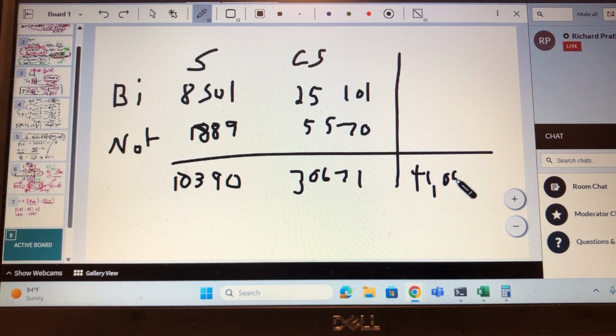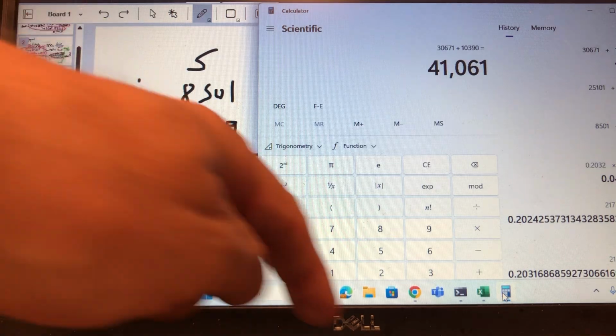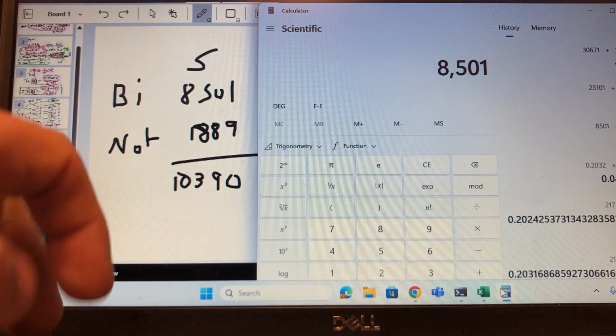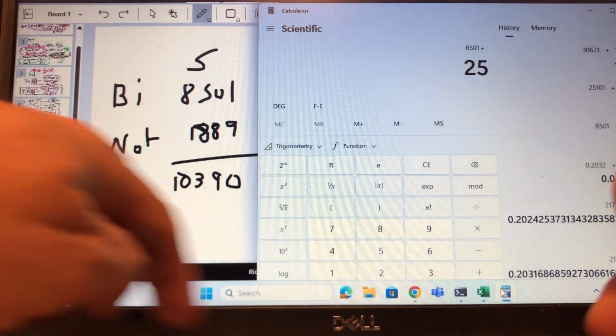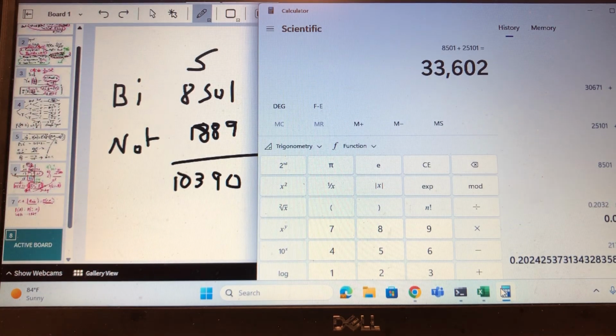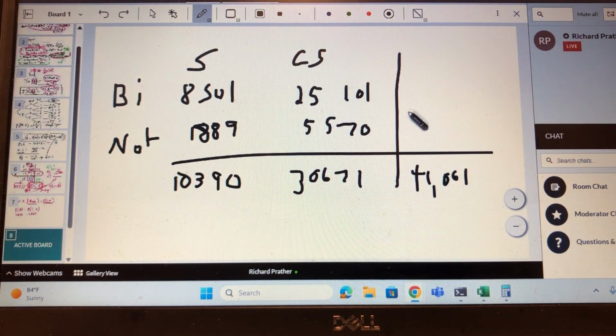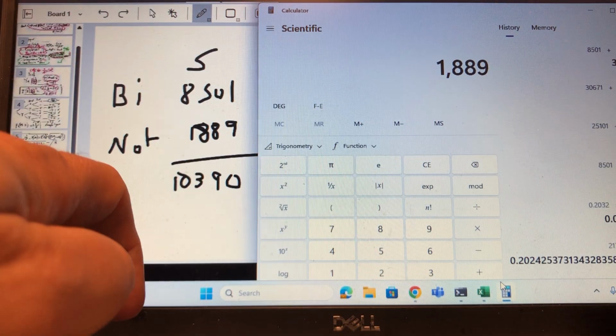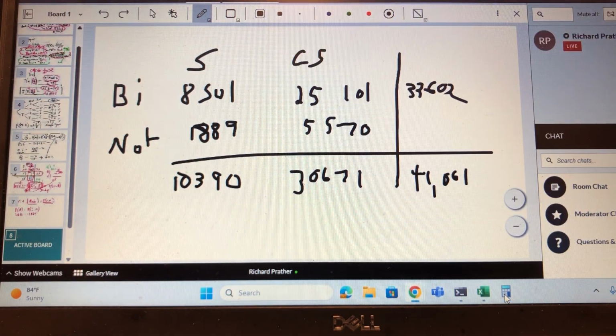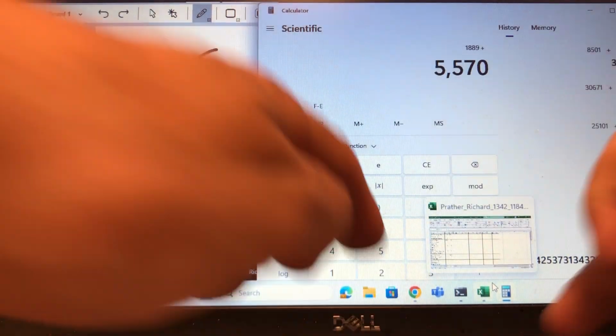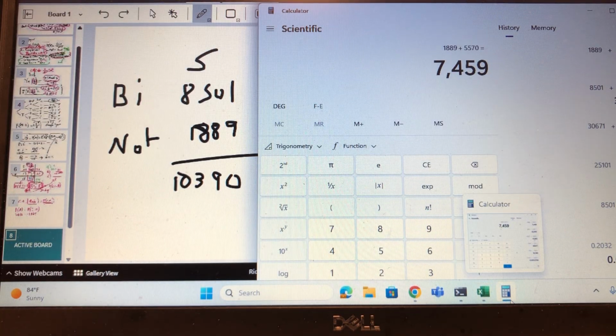Okay, now add across. 8501 plus 25101. The top row is 33602. And then 1889 plus 5570 is 7459.